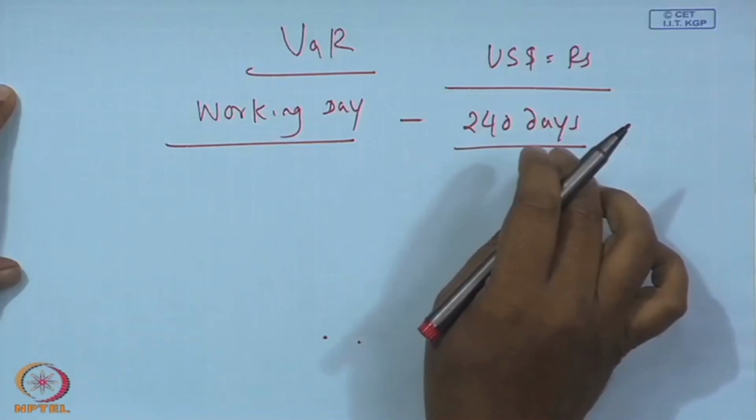You will get 240 working days of data, because Monday to Friday the exchange rate market in India generally works. Saturday also it works, but the transactions are not so many, you may not get the conversion rate, but you can include Saturday also. Monday to Saturday, if you remove the holidays, you get 240 working days.